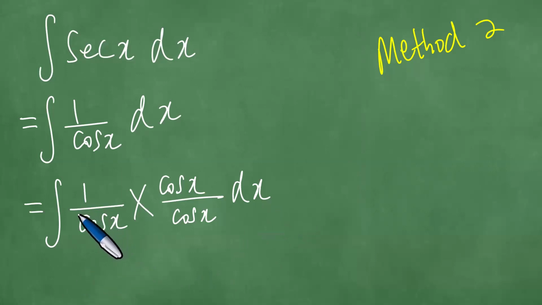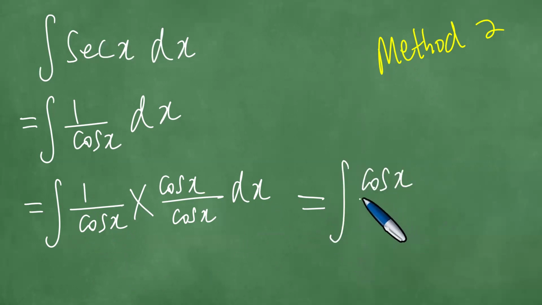What is the meaning of this at this point? The meaning is that we shall have a square in the denominator. So this can be written as the integral of cosine x divided by cosine squared of x with respect to x.